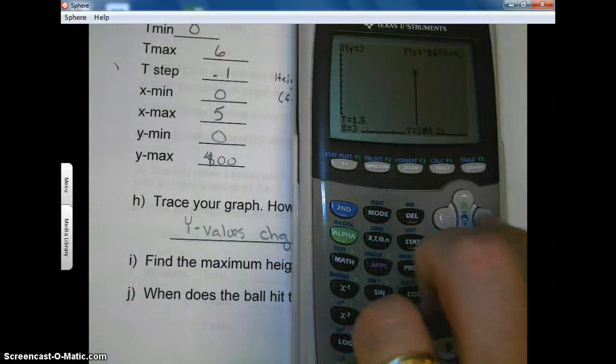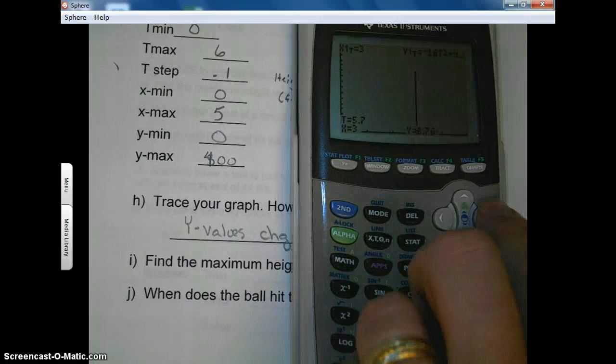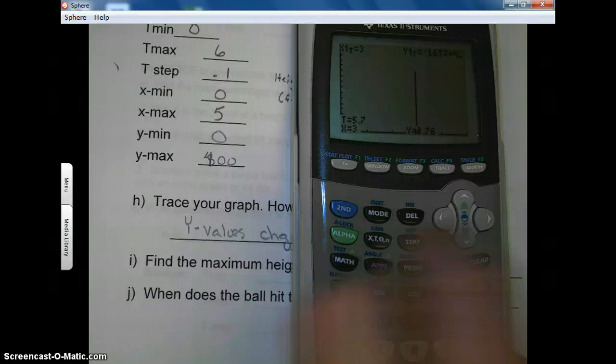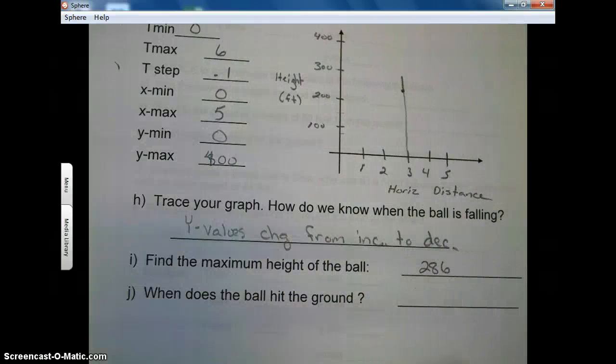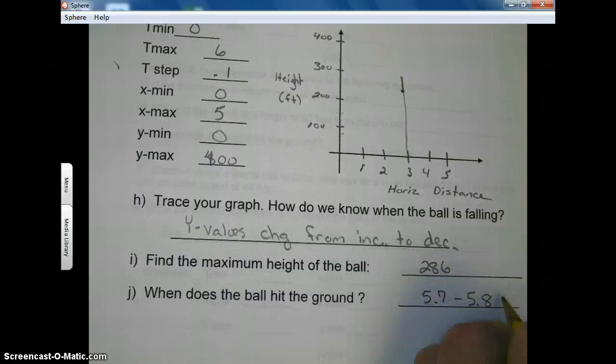So let's go ahead and go down. We want to know when it's going to hit the ground. So watch your Y value. We're looking for 0. So it's actually going to be between 5.7 and 5.8 seconds.